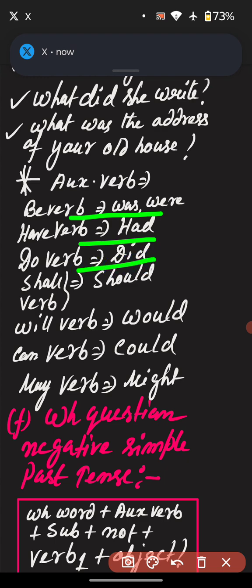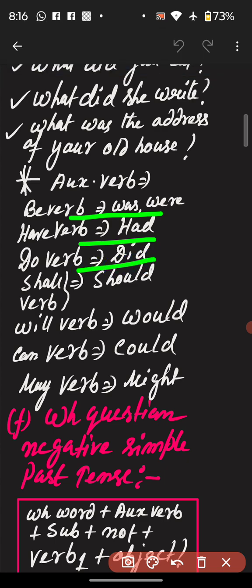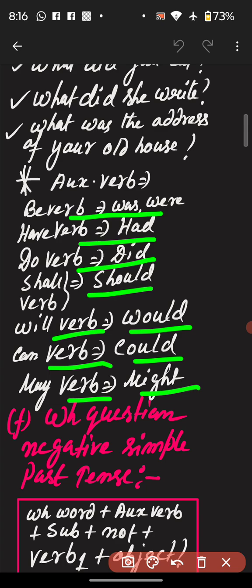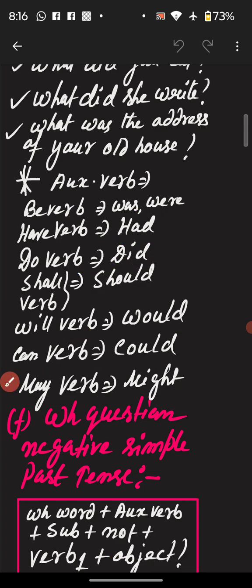Do verb, the past form of the do verb is did. Shall verb, the past form of the shall verb will be should. Will verb, the past form of the will verb will be would. Can verb, the past form of the can verb will be could. The may verb, the past form of the may verb will be might. So this sort of auxiliary verb may be used.